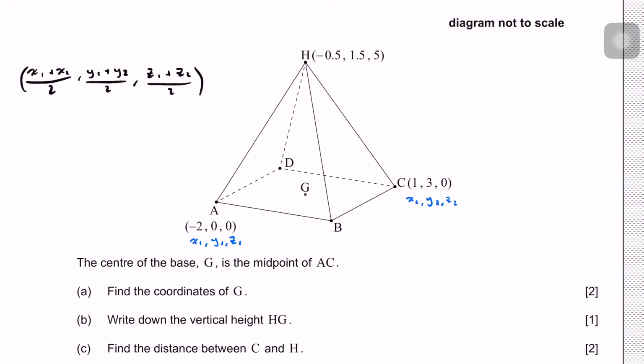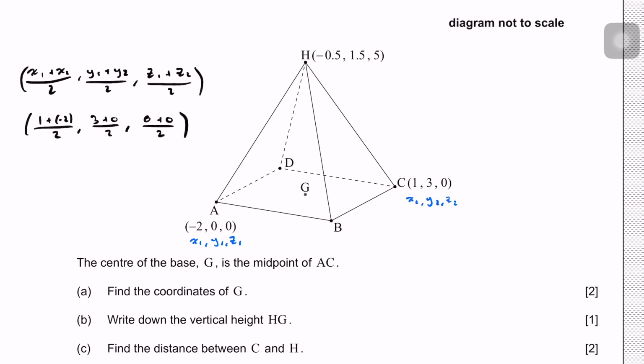Okay, let's substitute then. (x1 + x2)/2 would be (1 + -2)/2. (y1 + y2)/2 is going to be (3 + 0)/2. And then (z1 + z2)/2 is going to be (0 + 0)/2.